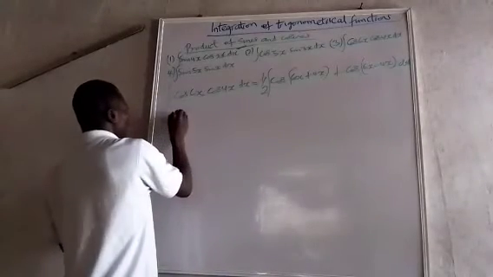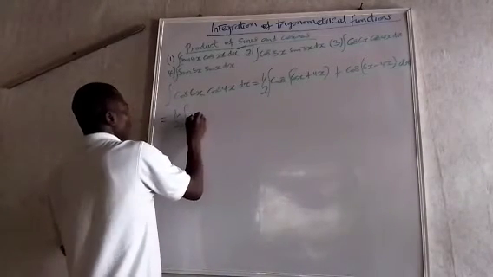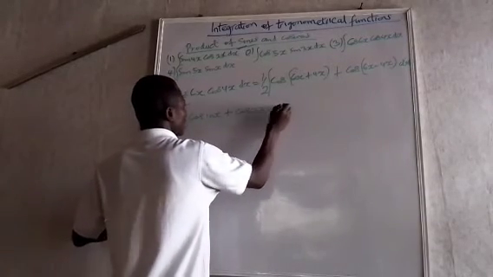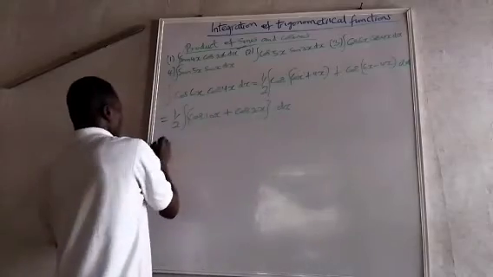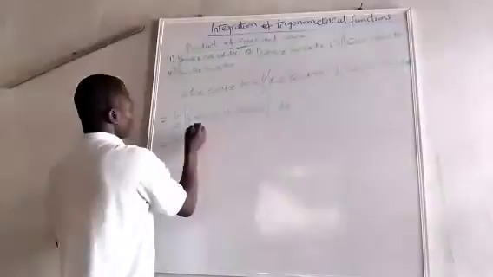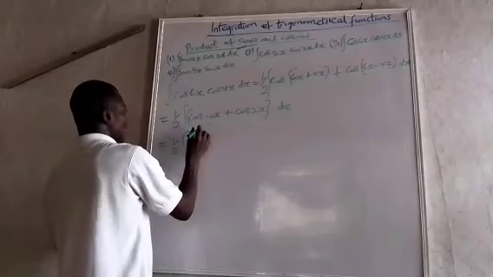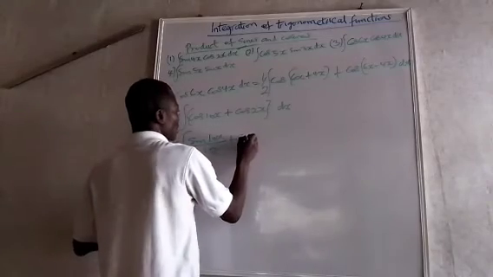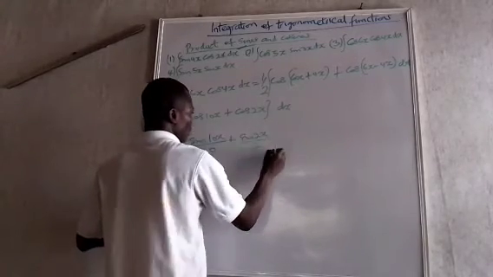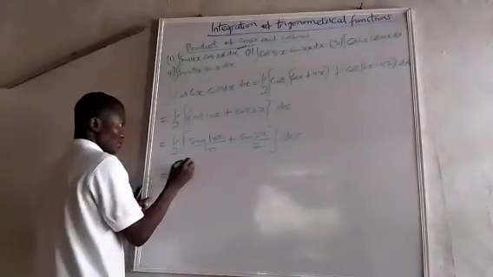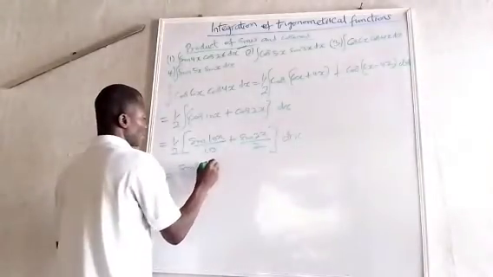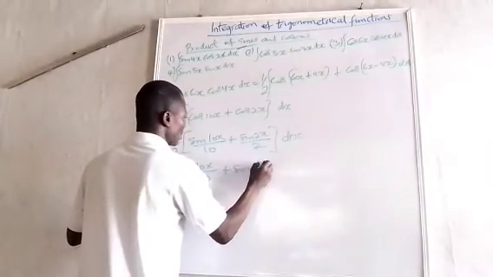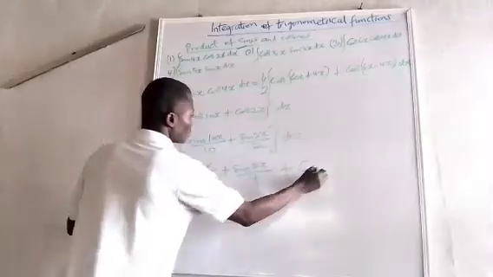So it's going to give us half of cos 10x plus cos 2x dx. So it's going to give us half into sine 10x over 10 plus sine 2x over 2. And that's going to be sine 10x over 20 plus sine 2x over 4 plus c.